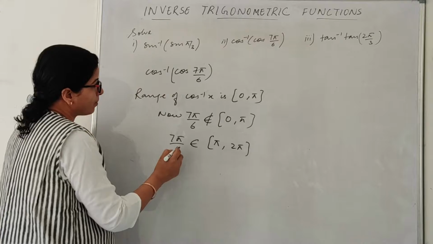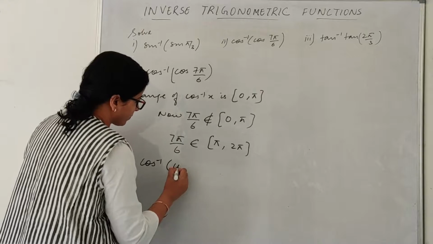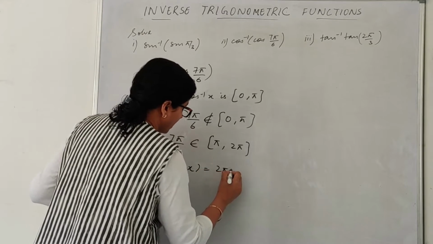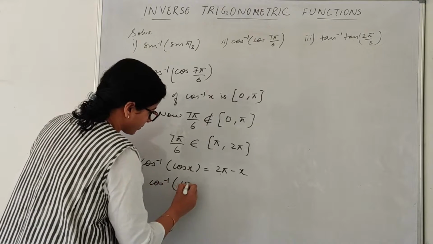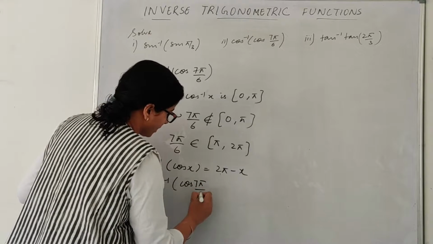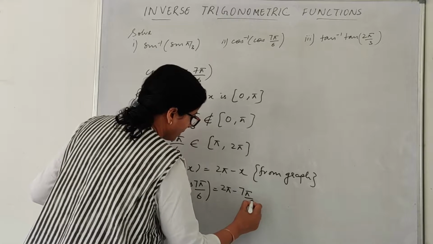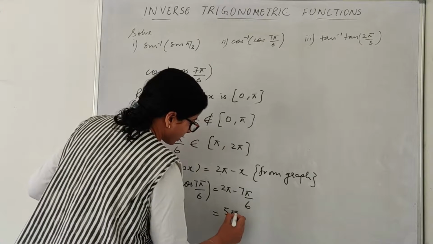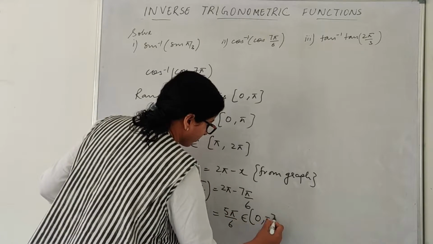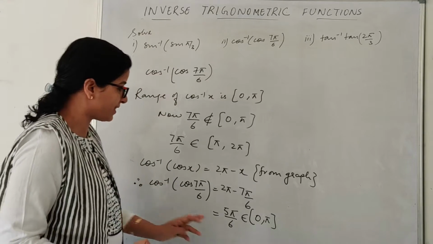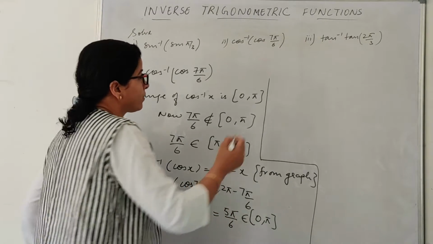So whenever my angle belongs to this range, cos inverse cos x equals 2 pi minus x, which I have written from the graph. So cos inverse of cos 7 pi by 6 is 2 pi minus 7 pi by 6, which is equal to 5 pi by 6. Now my 5 pi by 6 belongs to 0 to pi. Whenever you are solving any angle, at every step you have to check whether it belongs to your range or not. So what is my alternate way of doing it?